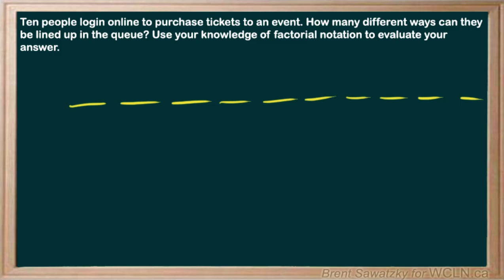So for the first person, we have 10 to choose from. And we have to choose the second person. And the second person, well, one person is already used up. They have that first position. So we have 9 people to choose from for the second position, and 8 for the third, and so on and so on. And that works perfectly fine. And so you end up multiplying all those numbers out, and you'll get the right answer.